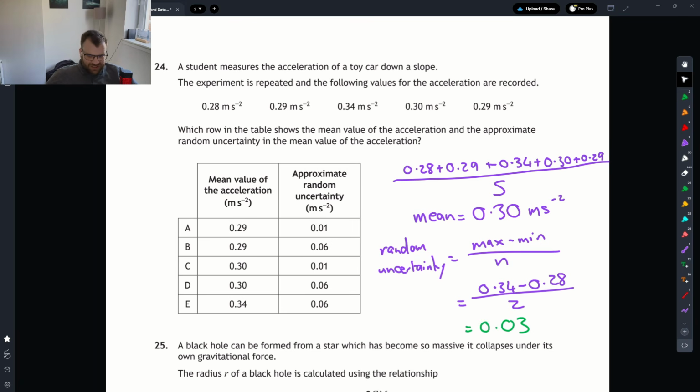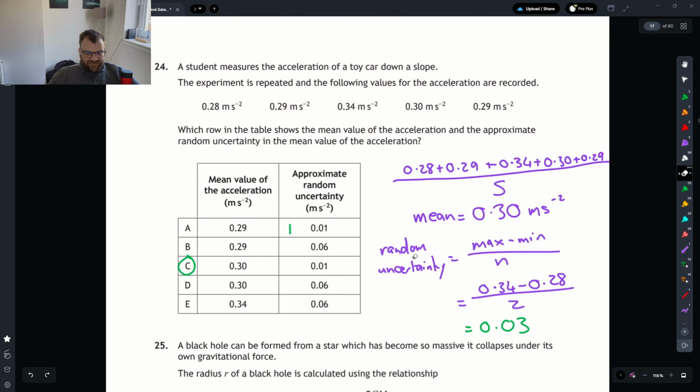That's not an option, but if we were to round it, that would give you what's closer to 0.01, isn't it, than 0.06. So round it down to that. That would give me C as my correct answer. And yeah, hopefully right for that.